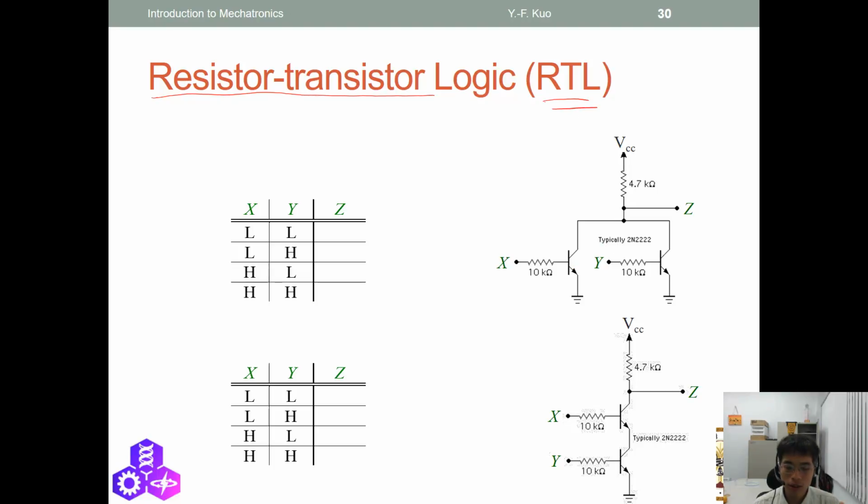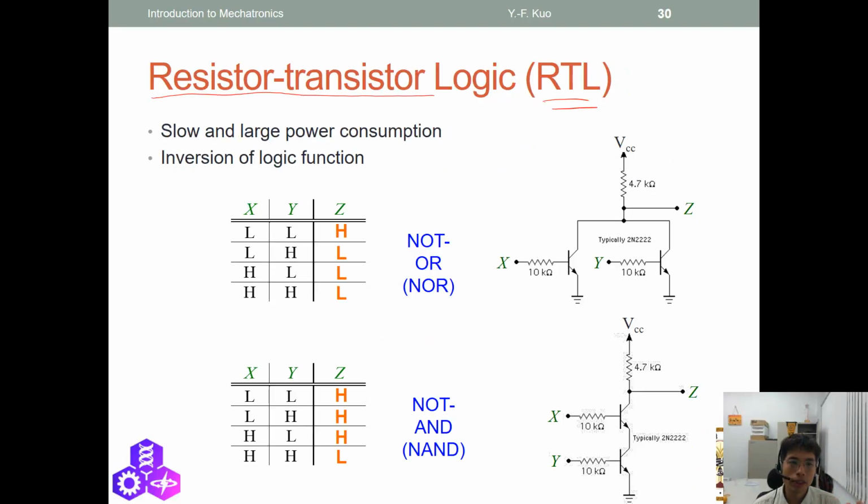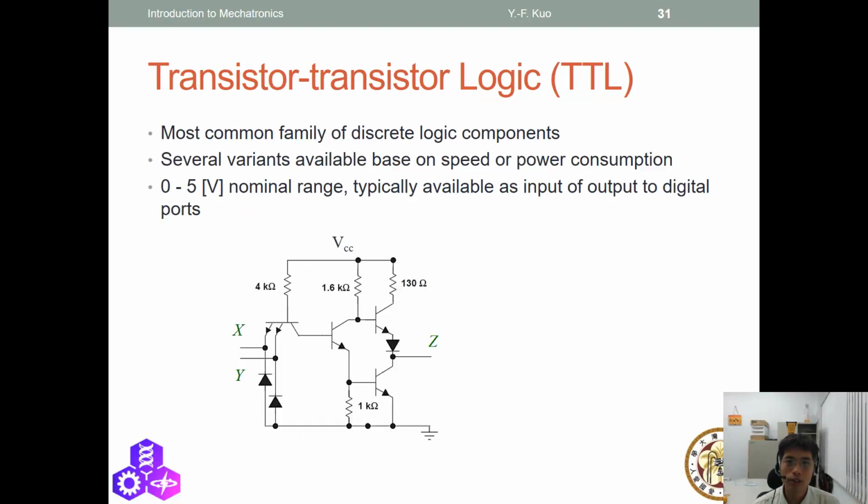Those were invented later. So I'm not going to the details, but you can see this is a NOT gate, NOR gate, and this is an AND gate. And the same for the resistor to transistor logic, RTL, it doesn't work very well either.